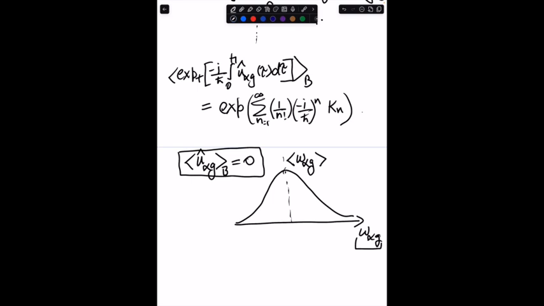If I take an ensemble average of the fluctuation in transition energies, it should be equal to 0.